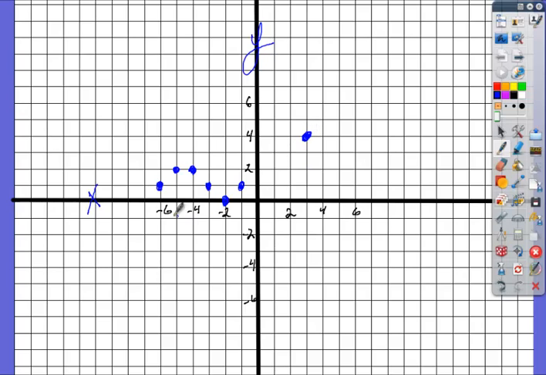Alright, so what you notice with all of these is that if I were to put these in ordered pairs, this would be -6, 1, this would be -5, 2, -4, 2, and -3, 1, and so forth.